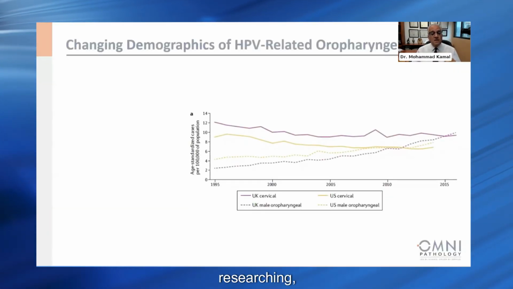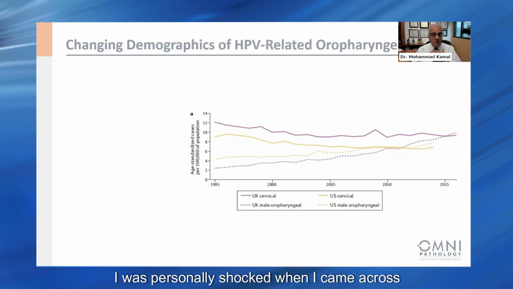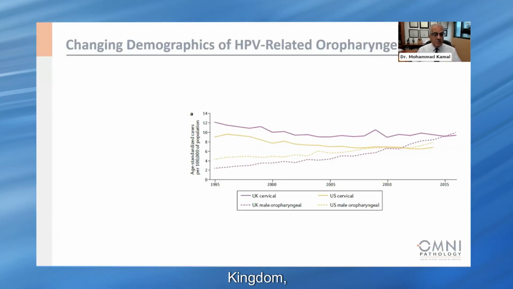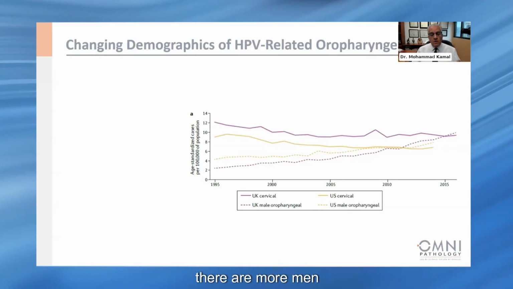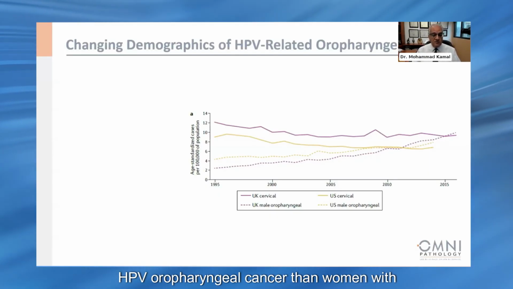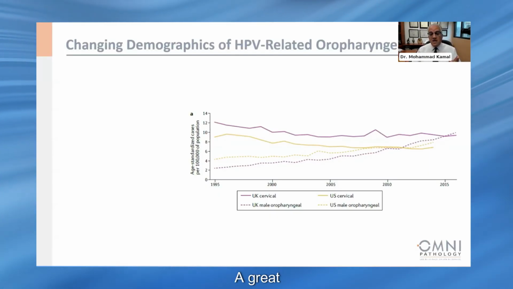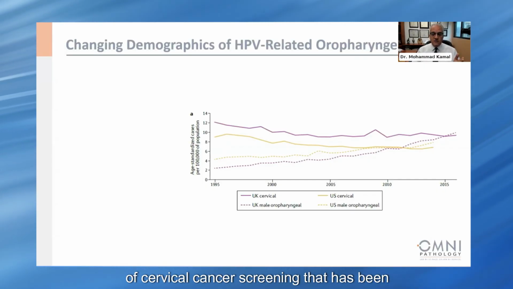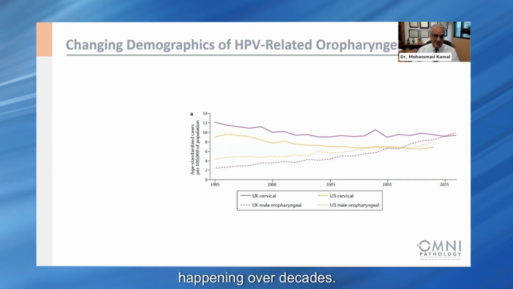While researching, I was personally shocked when I came across this paper that shows that in America and the United Kingdom, there are more men with HPV oropharyngeal cancer than women with cervical cancer. A great case to demonstrate the success of cervical cancer screening that has been happening over decades.